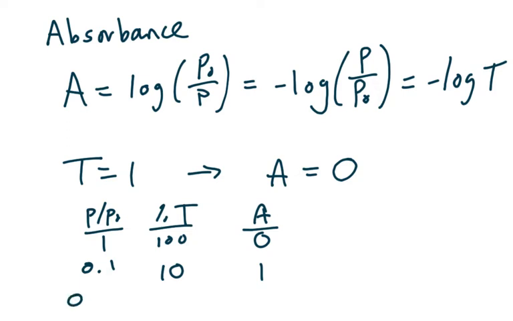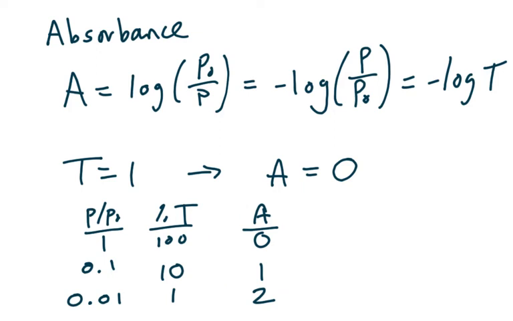So if we go by another factor of 10, where we have a 1% transmittance, the absorbance is 2. So this gives us an idea of what these values correspond to in terms of light actually being absorbed.